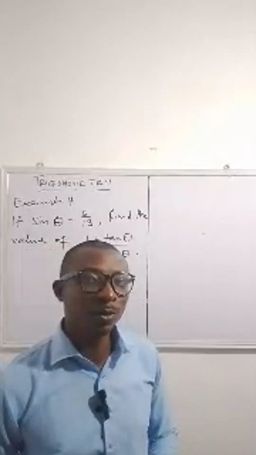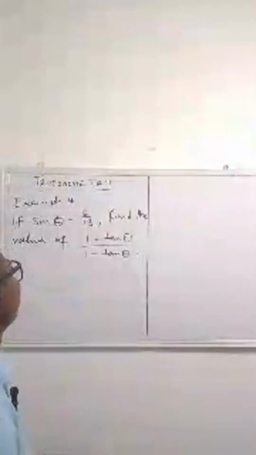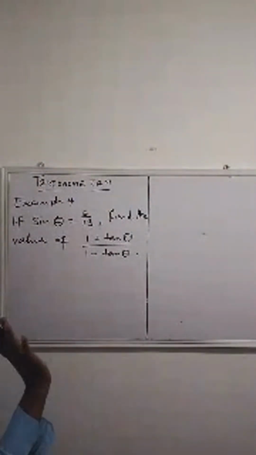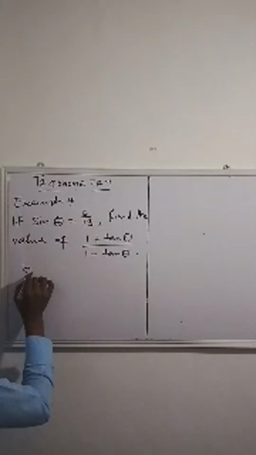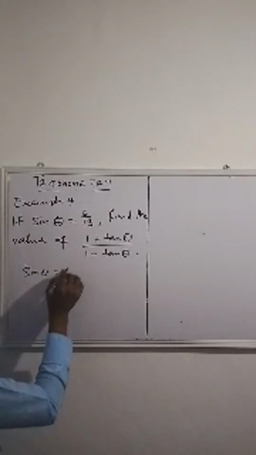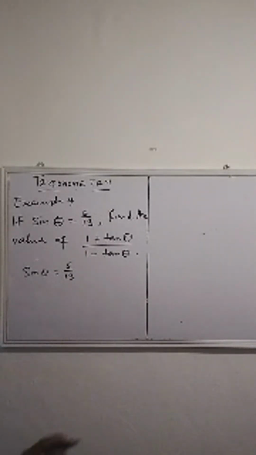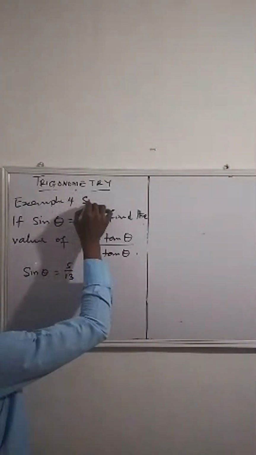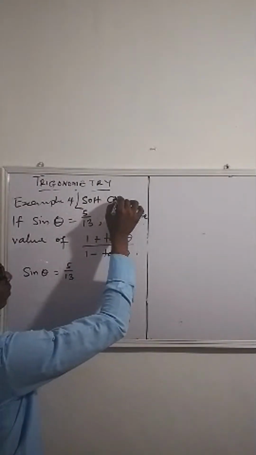We are going to be making use of Pythagoras theorem. So now let's look at the way we're going to do this. This is given: we have sine theta equals 5 over 13. Don't forget your SOHCAHTOA, let me write this one out. We have SOHCAHTOA.